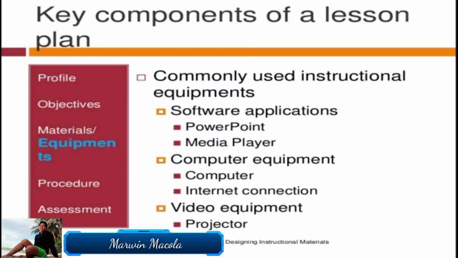Commonly used instructional equipment includes software applications, such as PowerPoint or a media player, computer equipment, such as the computer and internet connection, and video equipment or projectors. Materials and equipment are there for us to make the abstract concrete and to arouse our pupils' and students' interest in the lessons.